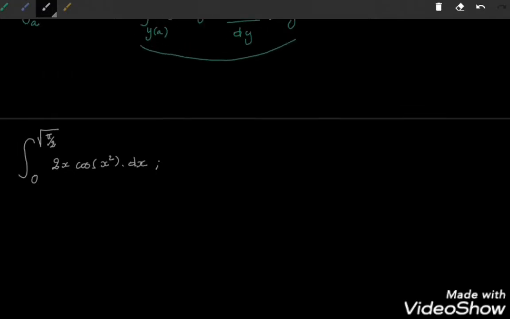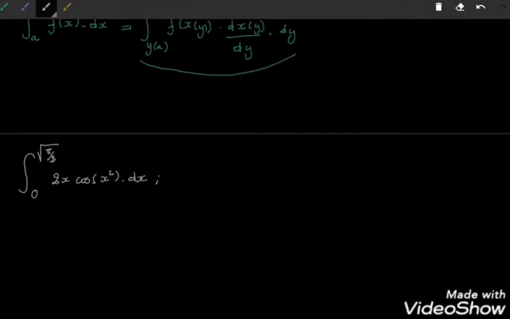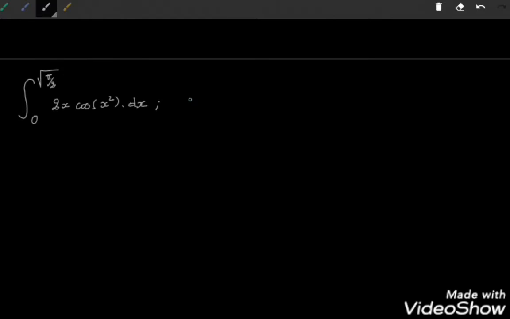We just apply this formula. So what we want to do here is to define a variable y with respect to x. Of course, there are some tricks to find what term we should assign to this y, because this y should get one term from this function right here.